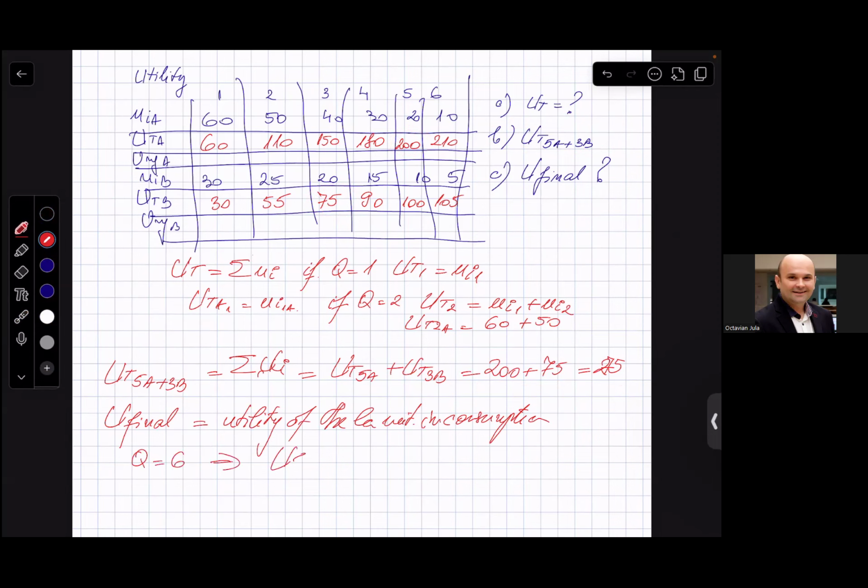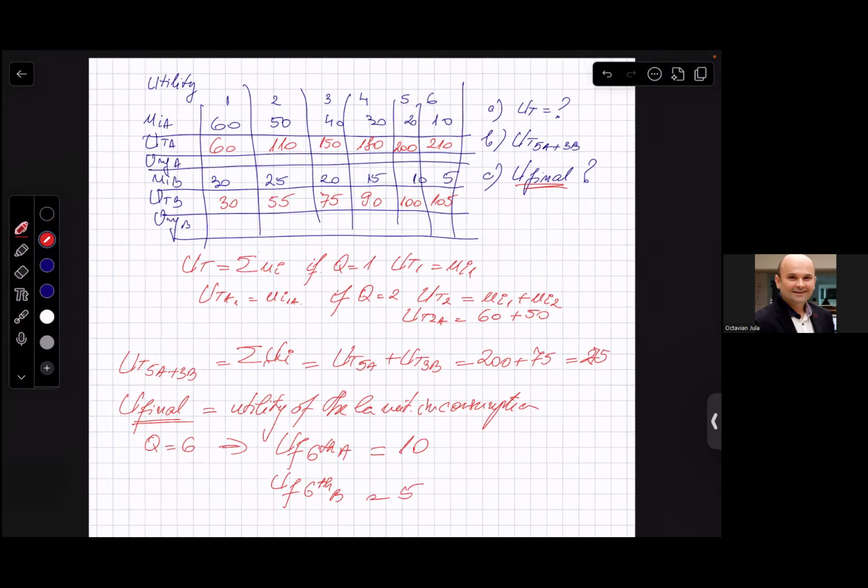So the final utility of the 6th unit of A and the final utility of the 6th unit of B are, first of all, the individual utility of the 6th unit of A is 10. The individual utility of the 6th unit of B is 5. So the final utility in the case of A is 10 because it's the utility of the last unit. The final utility in the case of B is actually 5.